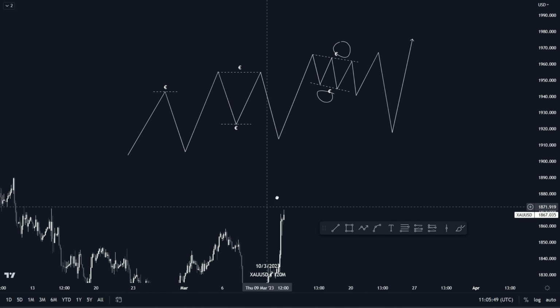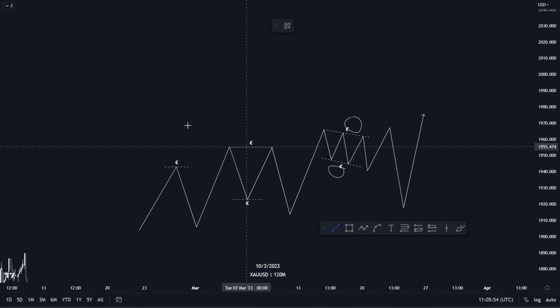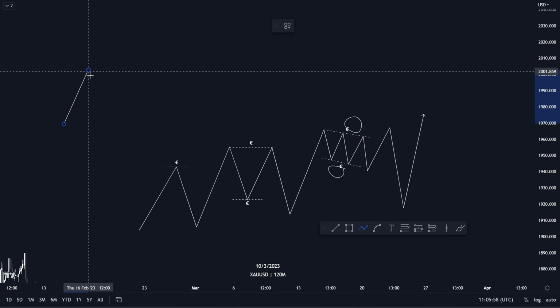So basically here we have 4 different types of liquidity concepts.